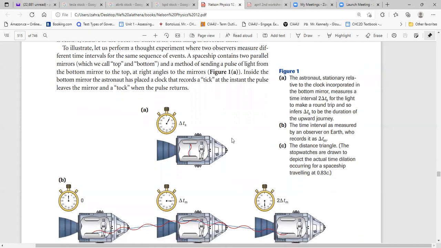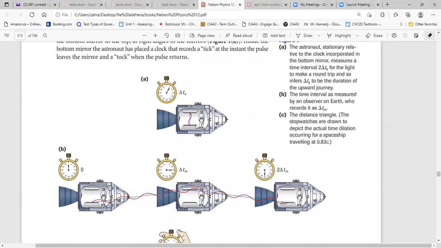Looking at this, you have two plates. One of them emits the light, which travels to the second plate and is reflected back and comes again here. So the total trip that you can measure in a spacecraft is delta S, when the wave goes from one plate to another plate.